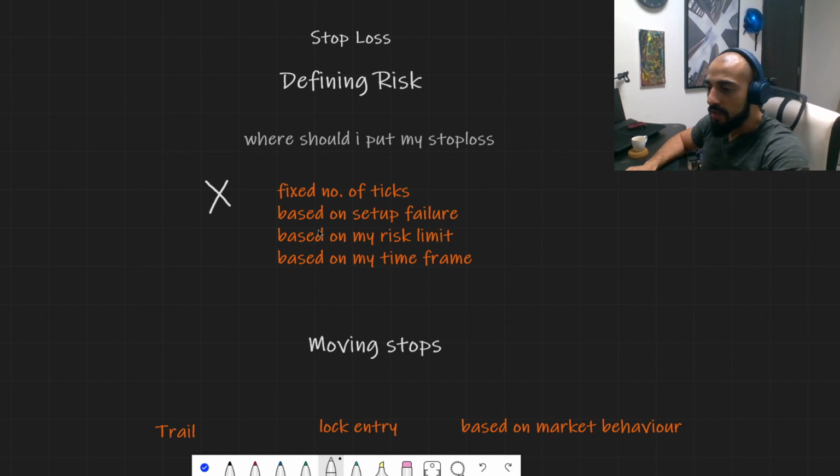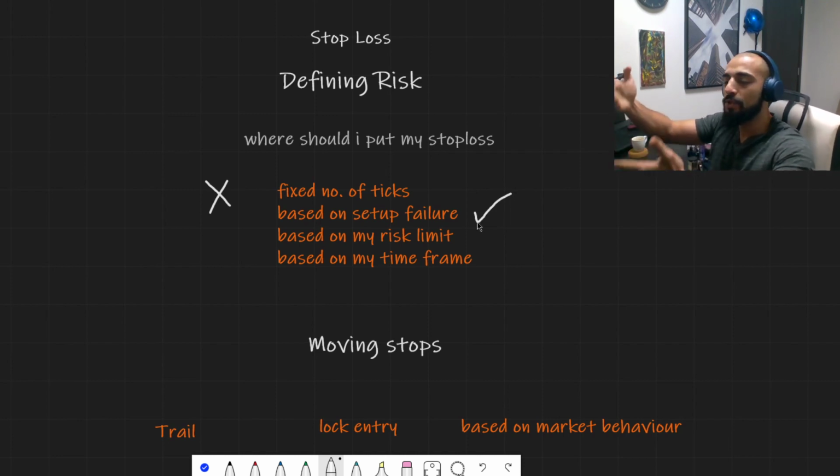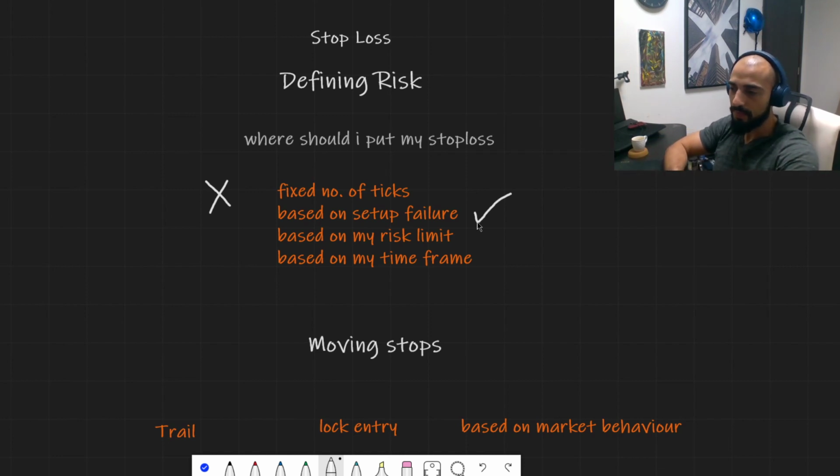Some other traders put the stop based on the setup failure, and this is what you should do. You should identify the setup first in front of you, identify the entry and exit on this setup, and then see if that setup is suitable for your risk or not.